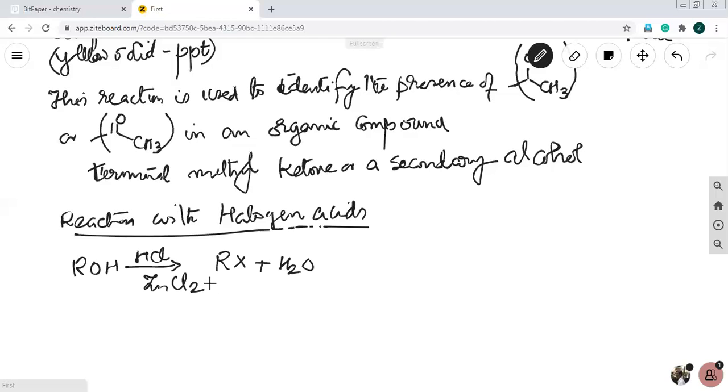Now, what is the role of zinc chloride? Zinc chloride is used as a dehydrating agent. What is a dehydrating agent? Removal of water.